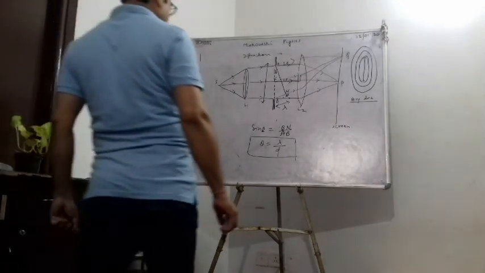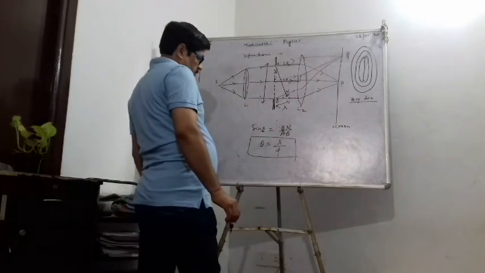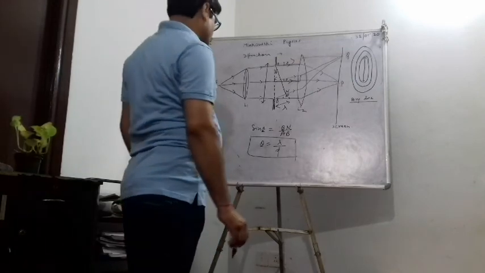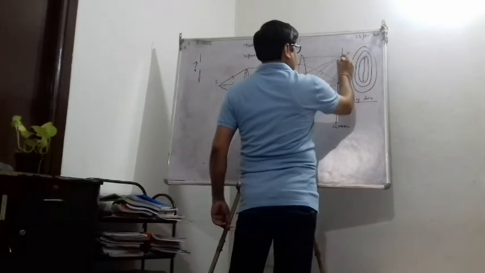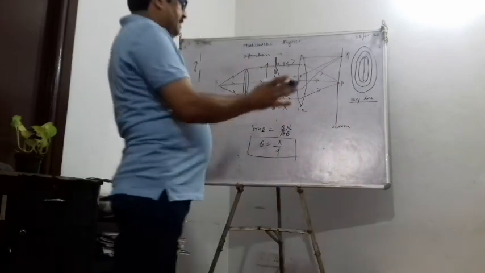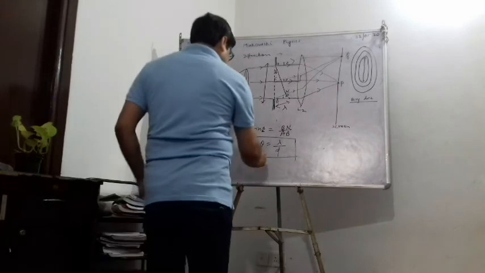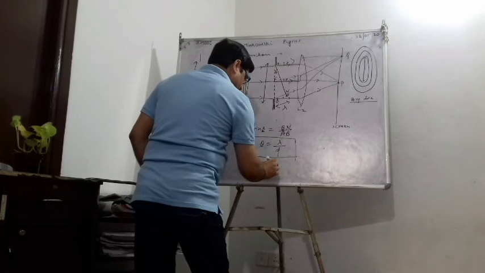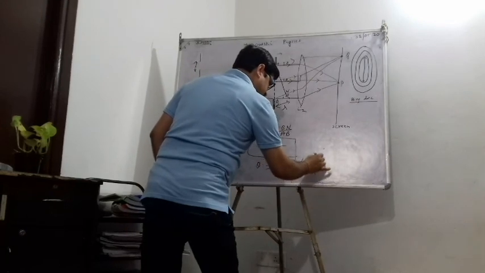And as per the criteria for resolution, it is required that these two points are separately observed only when this theta must be approximately equal to 1.22 times lambda by d.